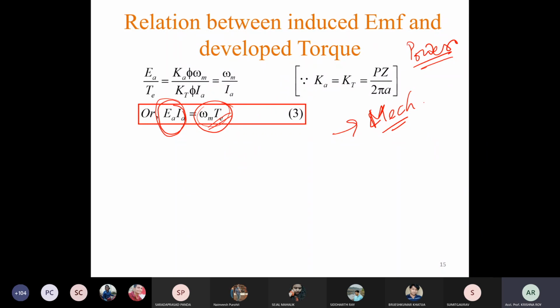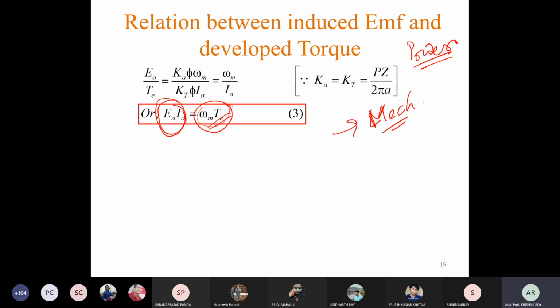Now consider the motoring mode of operation. We are giving some electrical input to the machine. When we give some electrical input, there will be some electrical losses like core losses in the core of the machine, and ohmic losses or copper losses in the winding of the machine.